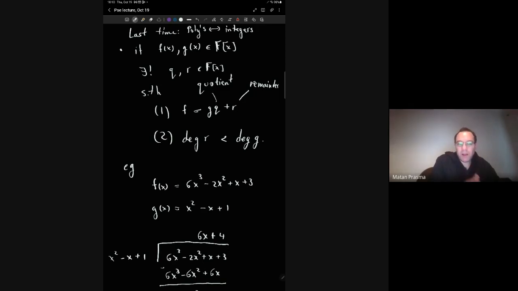But in fact, a lot of the facts about integers follow from long division and prime integers, right? And we have a good analog of prime integers in the realm of polynomials, and this is the following definition.